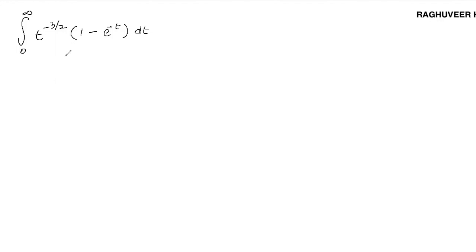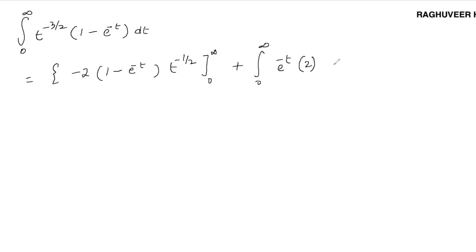So this will be minus 2 multiplied by 1 minus e to the power of minus t and t to the power of minus 1/2, from 0 to infinity, plus integral 0 to infinity e to the power minus t into 2 t to the power of minus half dt.